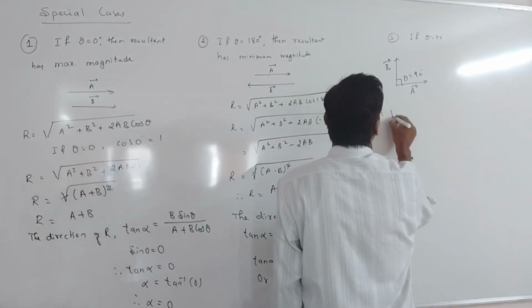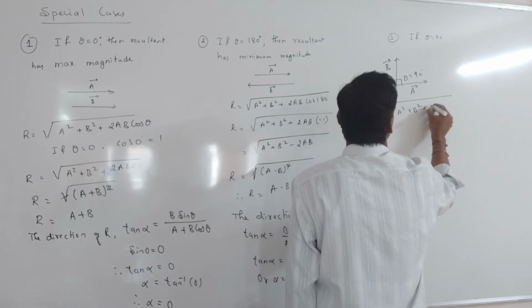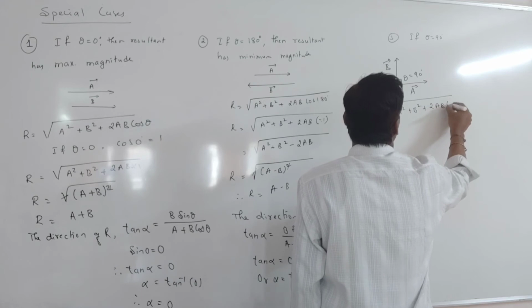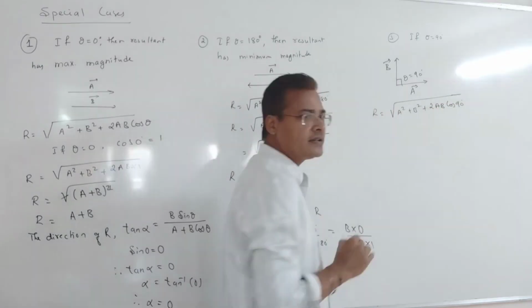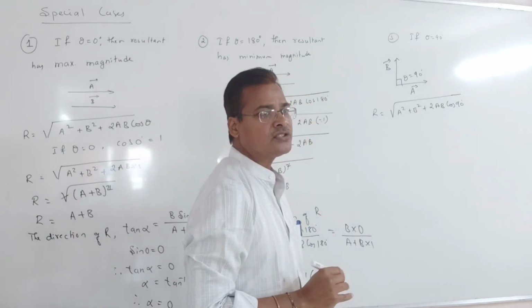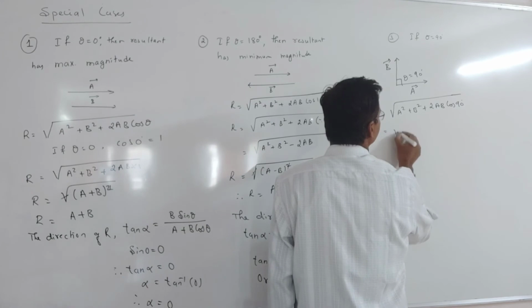R equals square root of a square plus b square plus 2ab cos 90. Cos 90 is 0.